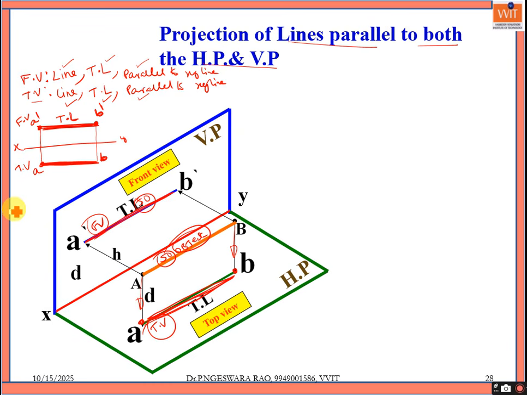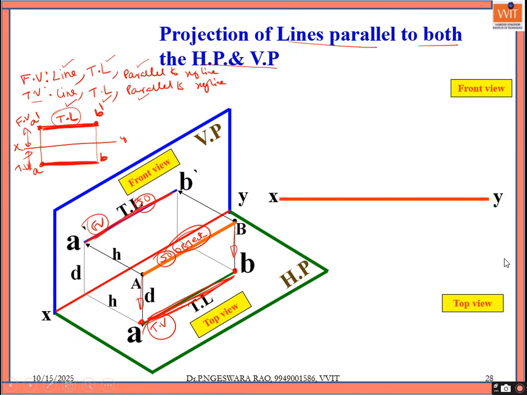So in the question you will get the original length of the line and the above HP distance and the in front of VP distance also. Okay, this is the final solution, the line parallel to both planes. Now like this, locate the front view above XY and the top view below XY. First of all, locate one end.